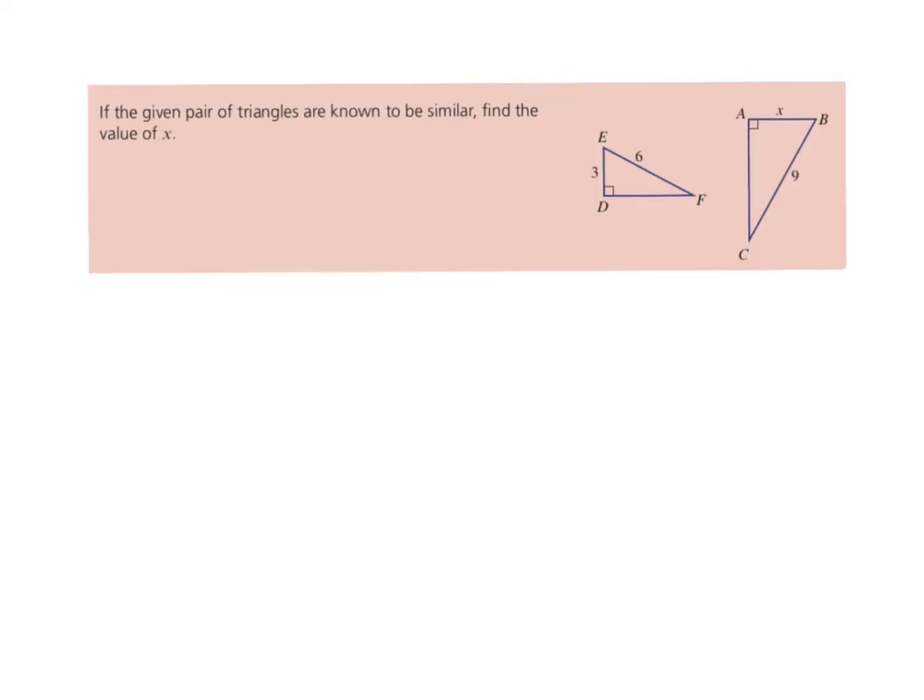Alright, let's go on to this last question. If the given pair of triangles are known to be similar, so we know they're similar, find the value of x. If you look here, got to be careful. This is the hypotenuse, yeah? So this one is the same as that one. Would that be true? Yeah.